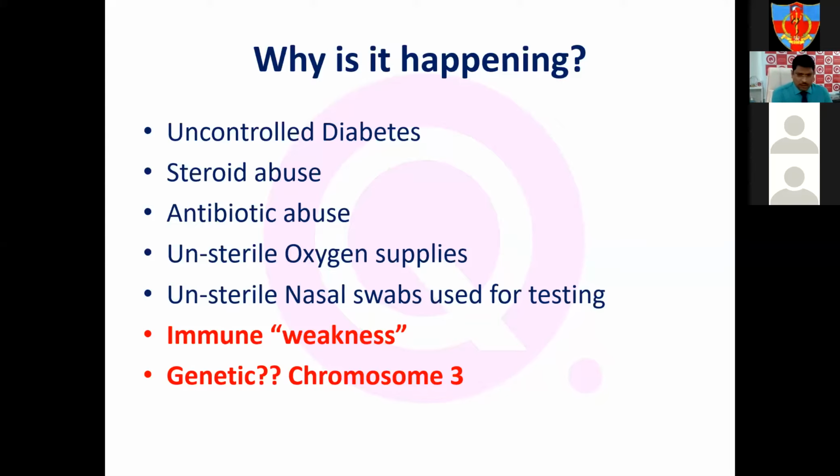So these are all hypotheses, and no concrete studies that can pinpoint these factors have been established and published in the literature. One strong point, if you look theoretically at all the above listed things, is that generally there will be an immune weakness.